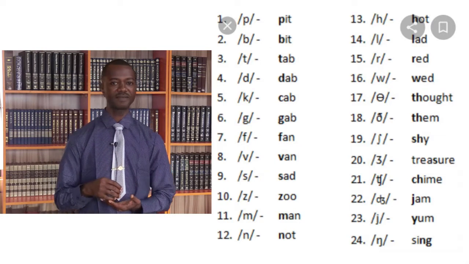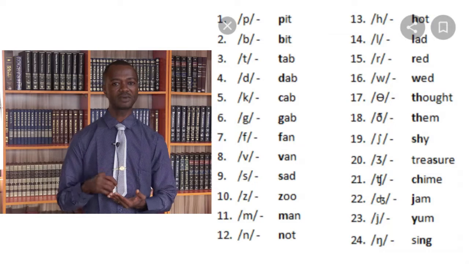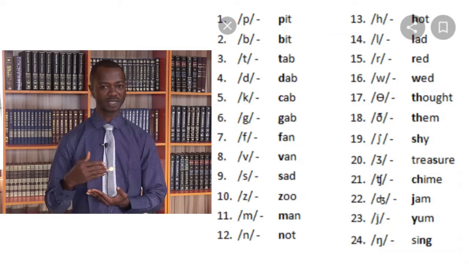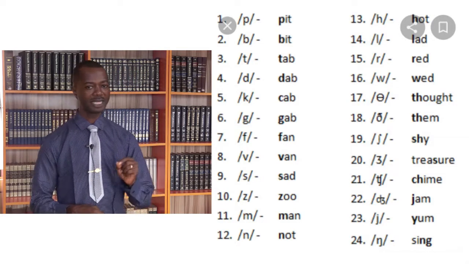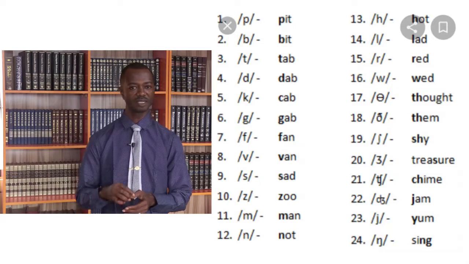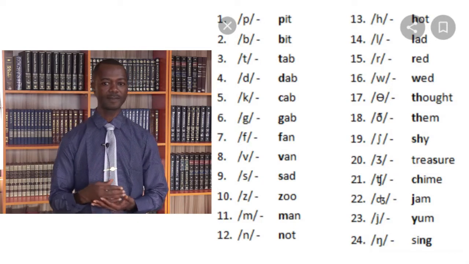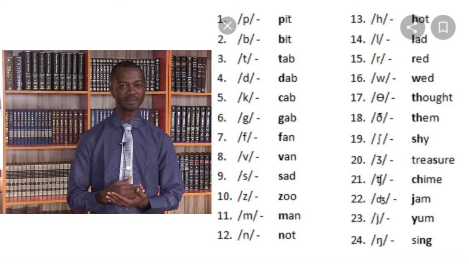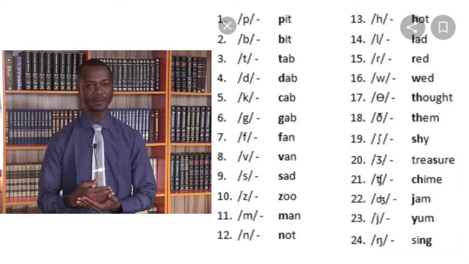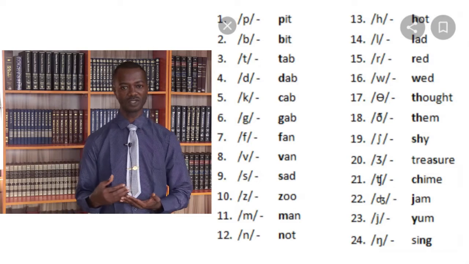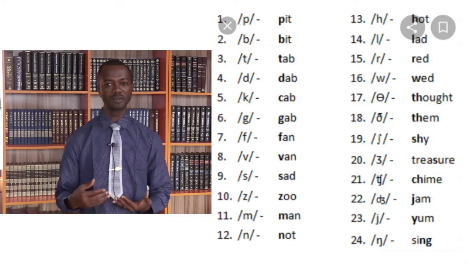A digraph is two letters that are realized or produced as one sound. So the PH in phone is a digraph. The PH there is pronounced as F. Then we have the V, the consonant V, like in vulture, like in vulnerable.